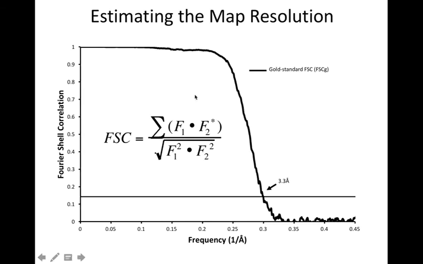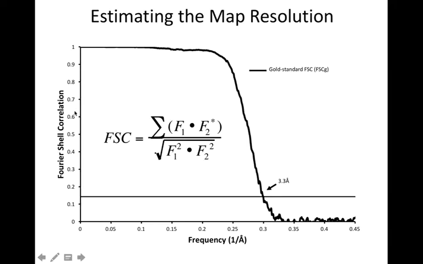With these 2 density maps, we compute this structural similarity with a parameter called Fourier cell correlation, which is a dot product of the Fourier transform of the 3D density map of one half of the data with the complex conjugate of the Fourier transform of the density map of the second half of the data, normalized by the product of both Fourier transforms.